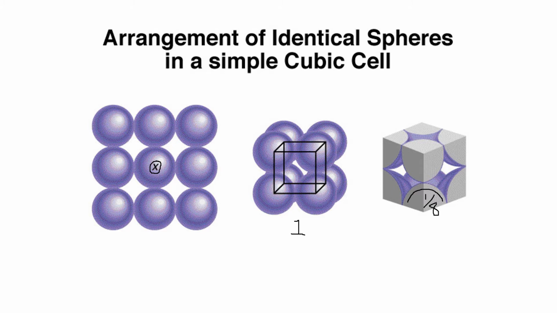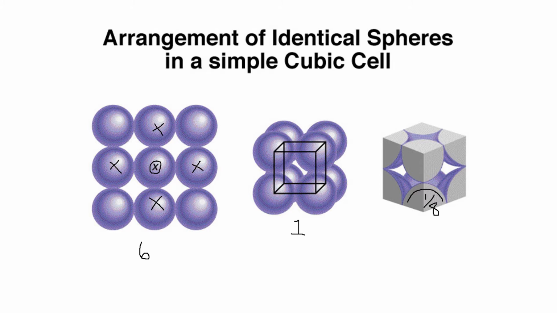This is called the coordination number, by the way, the number of atoms that are actually in contact with a particular atom. So we have 1, 2, 3, 4 that are actually touching that center atom. And then we have one above this in the structure or the crystal and one below it. So the coordination number is 6.